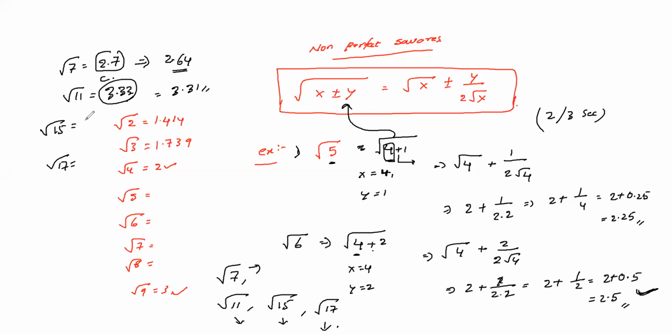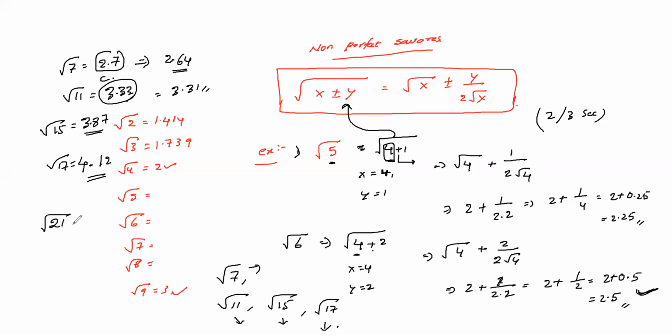Yes, correct. The exact calculator value is the same, 3.87. Good. Root 17. Sir, root 17 is 4.12. Super. The calculator exact value is this one.